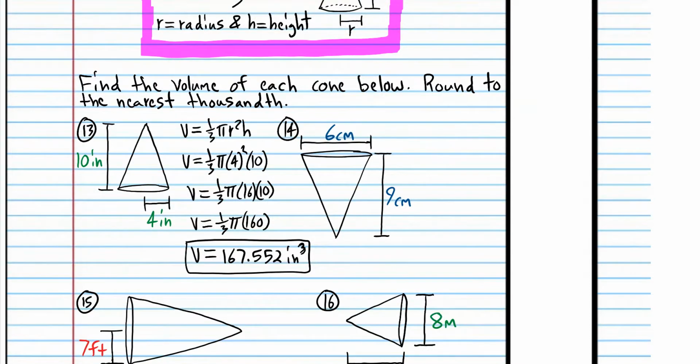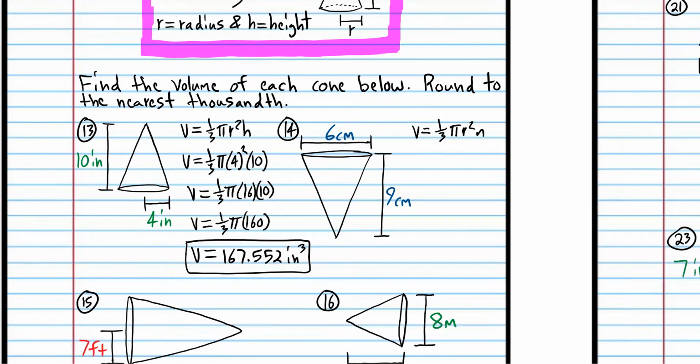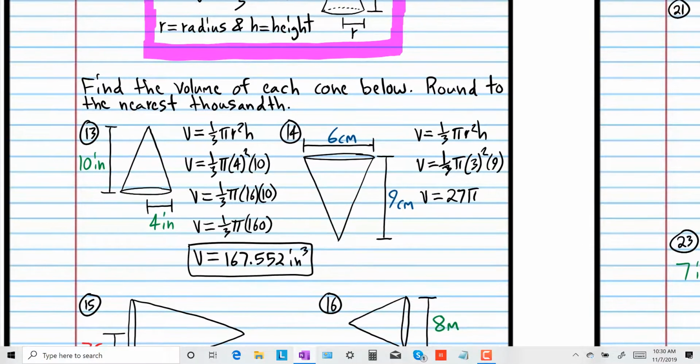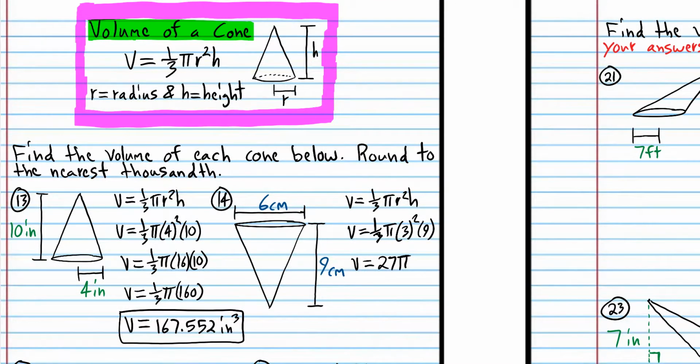And let's try the next one here. Volume is equal to 1/3 pi r squared h. 1/3 pi, and r is not 6, it's 3. Be careful about that. So volume is equal to, if you do all the math on that, you get 27 pi. And we're supposed to round to the nearest thousandth.